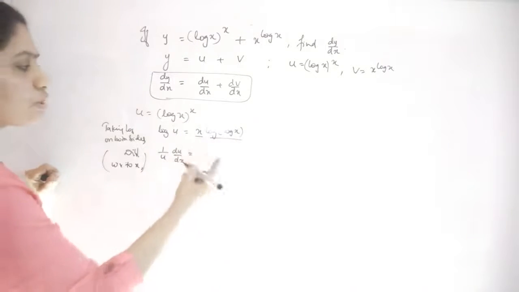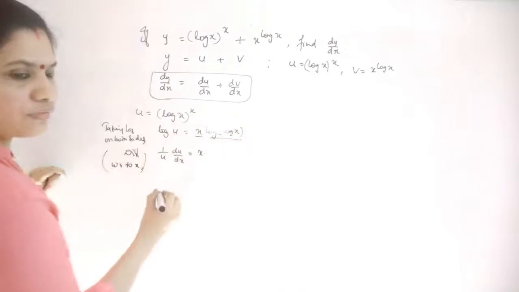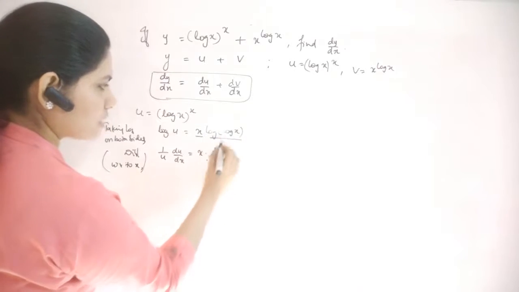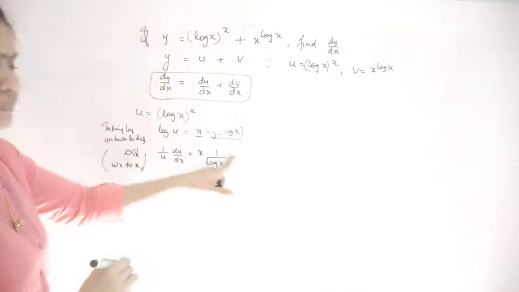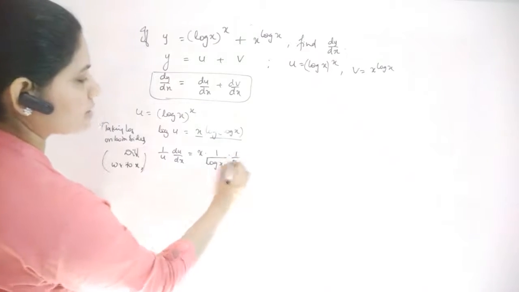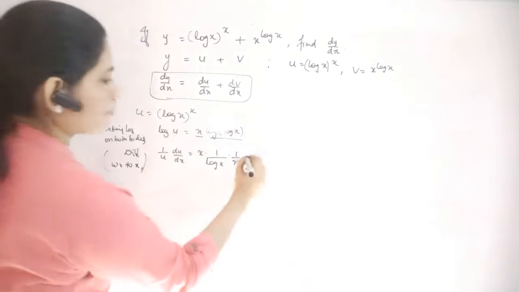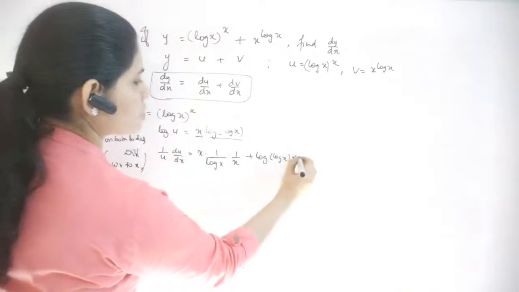On the right side, this is one term and this is another term. Use your product rule. You will get x into the derivative of log x. The derivative of log of anything is 1 by that, and since the term is log x, you again use the chain rule and write the derivative of log x, which is 1 by x. This finishes the derivative of log x, plus log of log x into the derivative of x, which is 1.